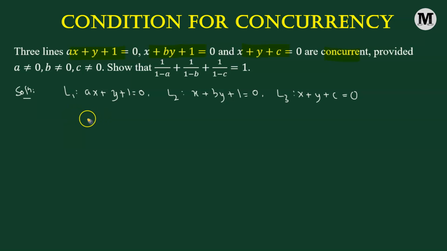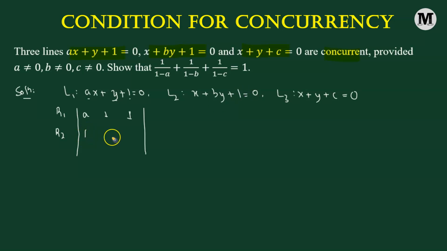Now we know that the condition for concurrency states that we'll have a 3 by 3 determinant. In the first row we're going to use the coefficients of x, y, and the constant term of line L1. So we have a, the coefficient of y, that's 1, and then the constant term, that's 1. The second row is going to be the coefficients of x and y of line L2, including the constant term.